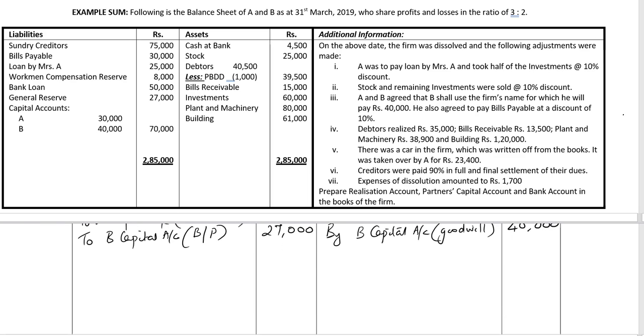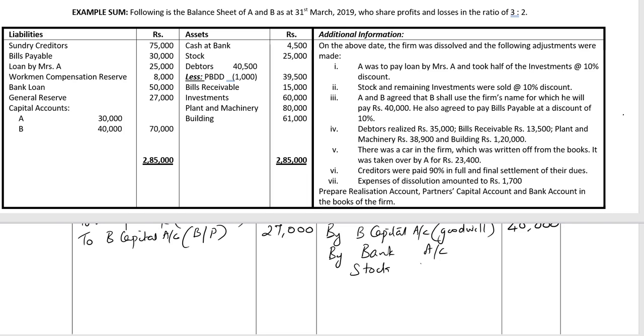Next, we'll pass the entries for amount realized from sale of assets by bank account. Second point, stock and remaining investments were sold at 10% discount. So stock after 10% discount, it's 25,000 minus 2,500 rupees. So we get 22,500 rupees. Investments, half of the investments are the remaining investments, and that is sold at 10% discount.